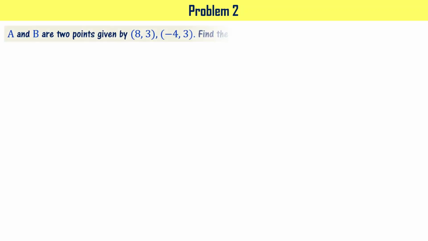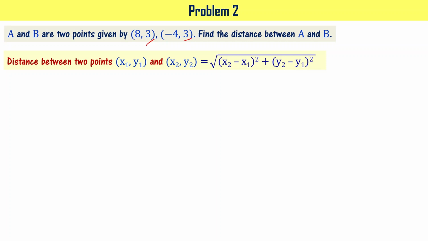Problem number 2. A and B are 2 points given by 8 comma 3 and minus 4 comma 3. Find the distance between A and B. Here if you observe, these two y coordinates are the same, right? So one can make use of the other formula, but I'm straight away going to use this particular formula.